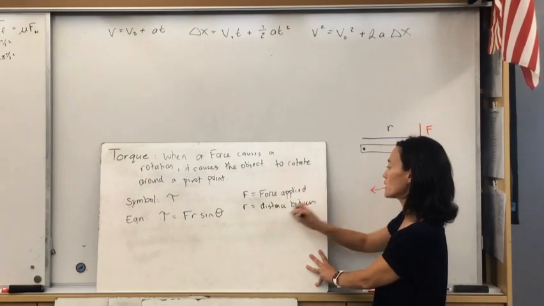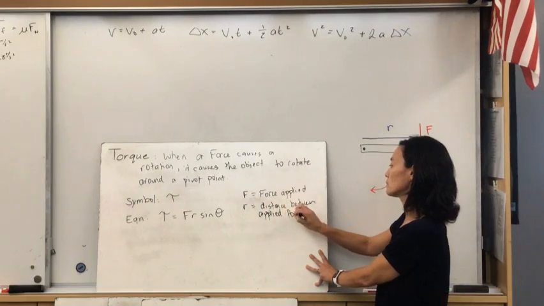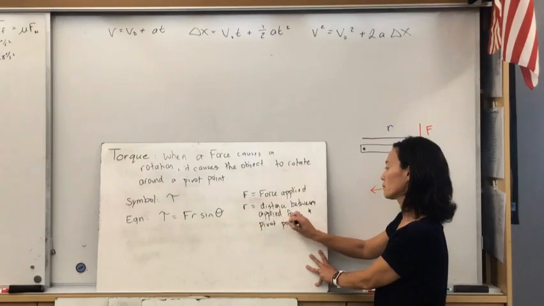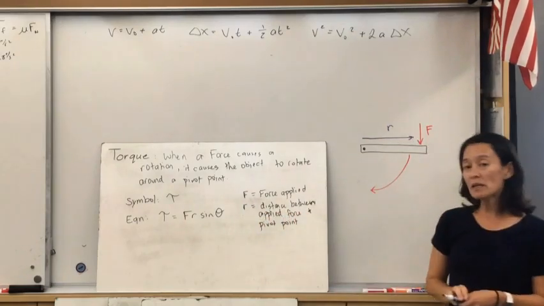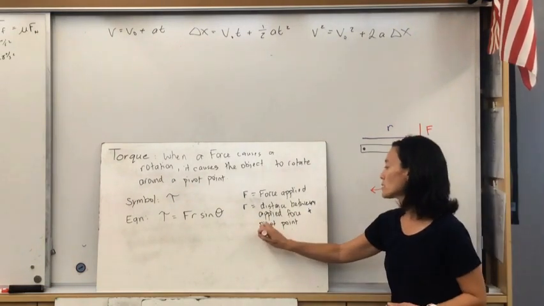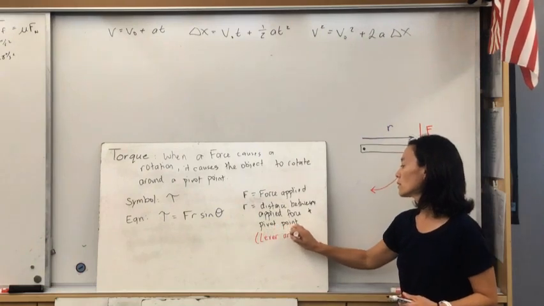So R is the distance between the applied force and the pivot point. Sometimes it's called the lever arm. Okay, so I'm going to put that in a note. It's also called the lever arm.